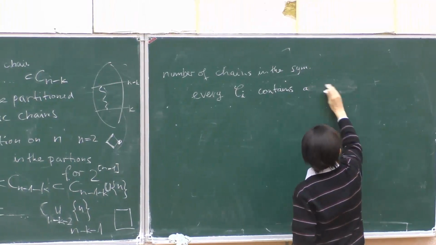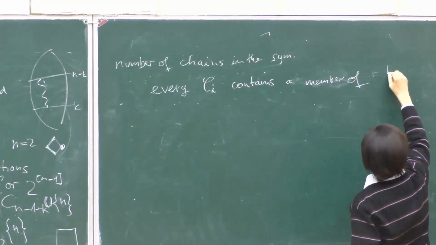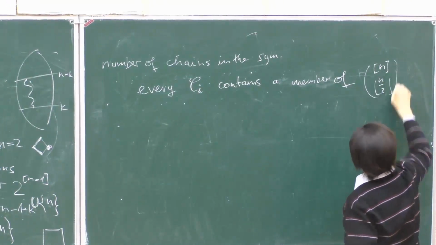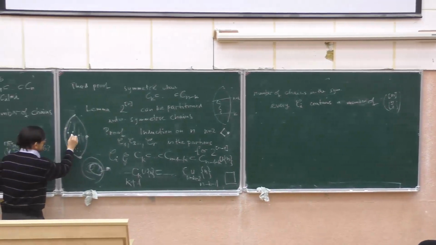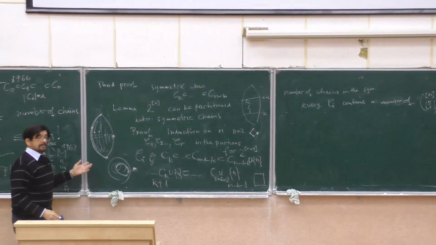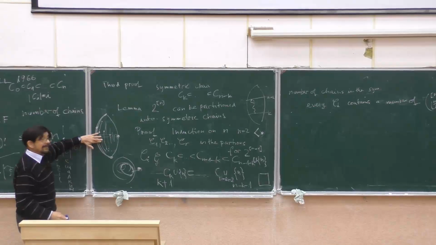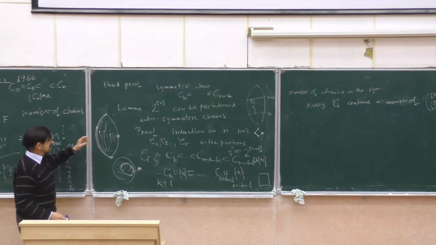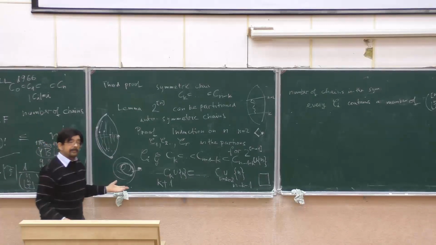Because of the symmetry, when n is odd, we have two equal middle levels, and it's still true that the symmetrical chain cannot avoid them. So in the worst case, we have these two. In the odd case, we can have a chain which contains both of them, but it must contain one element on this level.